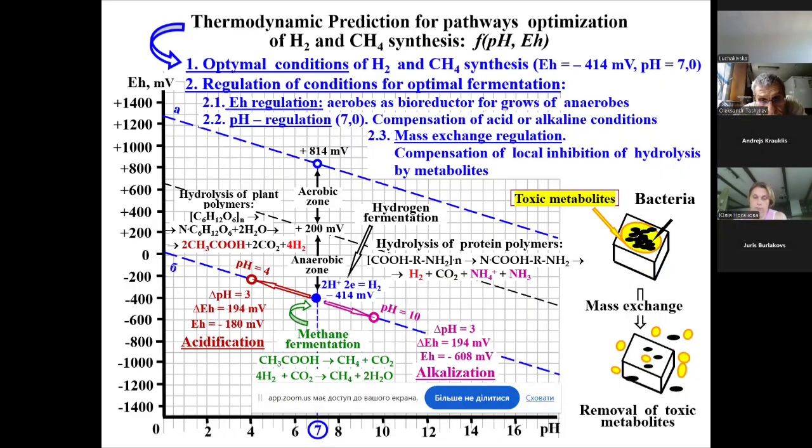Then these diagrams show us that anaerobic degradation, hydrogen fermentation, is the most suitable for the degradation of polymers of animal and plant origin.